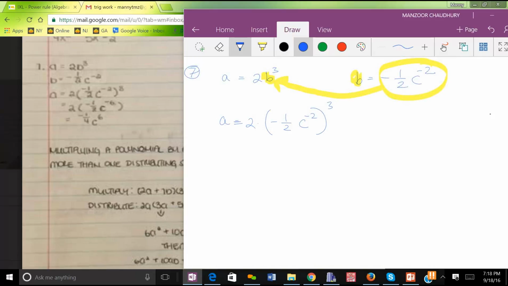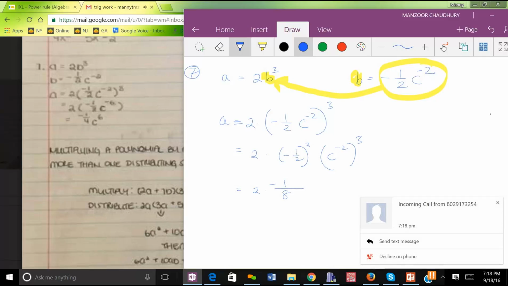So that equals, everything gets a cube. So 2 gets nothing. That negative half gets a cube. That C to the negative 2 also gets a cube. So what you have is 2 times negative half cubed, which is negative 1/8.